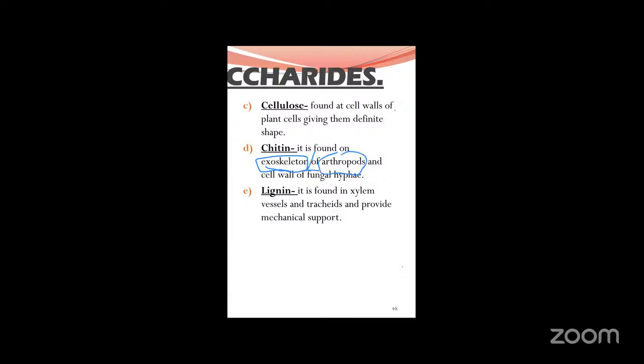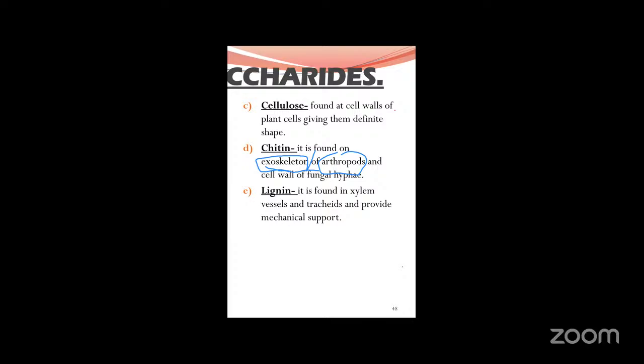Now, what's an exoskeleton? Exo comes from the word external. I'm sure you've come across a cockroach, a crab, maybe a locust or a grasshopper. And you have seen that those animals have an external structure that is very hard.